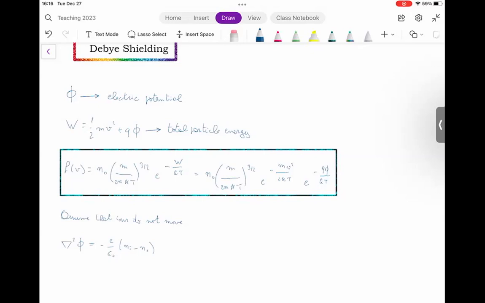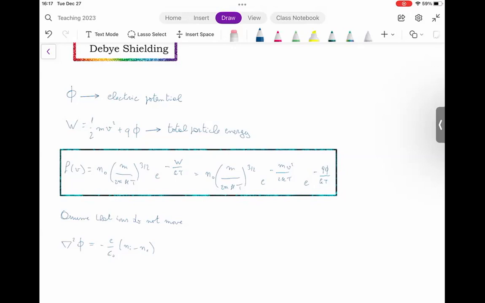Now, what I have to do is to express that del square operator in spherical coordinates. I can pick it up from a textbook or a table of differential operators. It's going to be in the plasma formulary, which I highly recommend. You can download it for free from the NRL website.